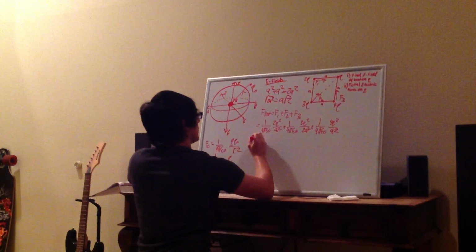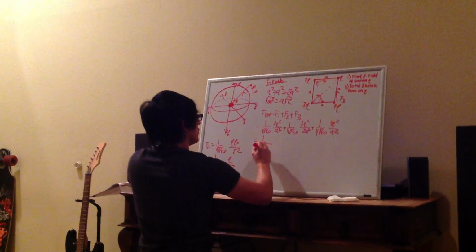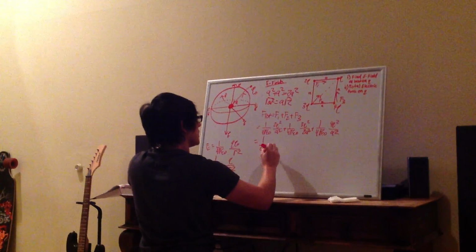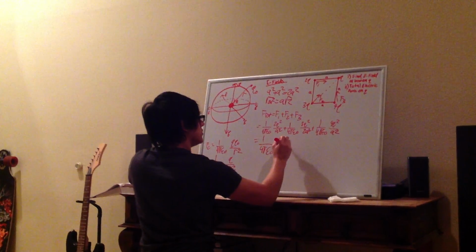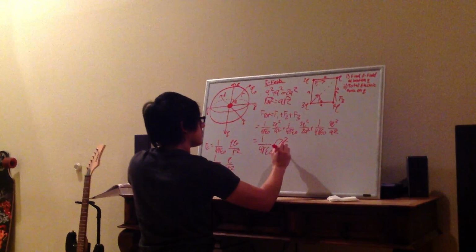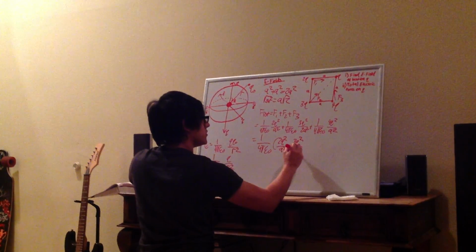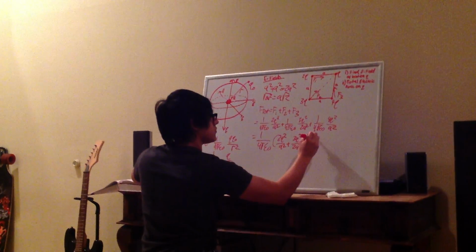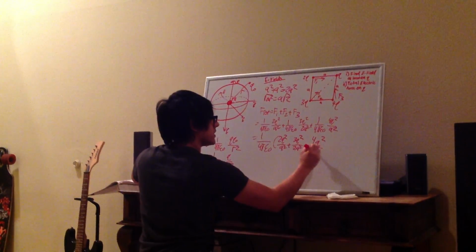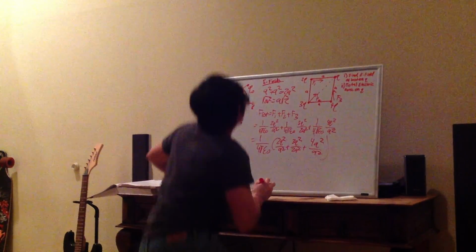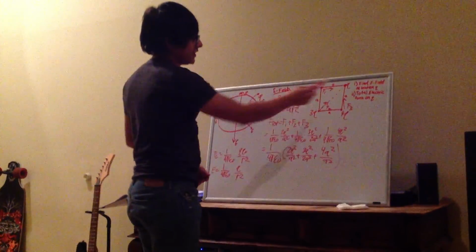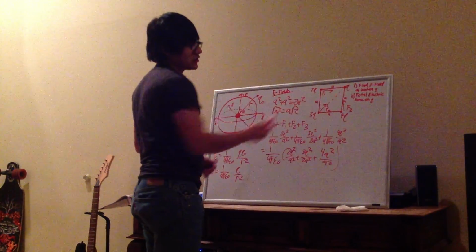And now just simplifying that down, that's going to equal 1 over 4 pi epsilon naught times 2Q squared divided by a squared plus 3Q squared divided by 2a squared plus 4Q squared divided by a squared. And that is the force experienced by Q based on all these other charges on the square.